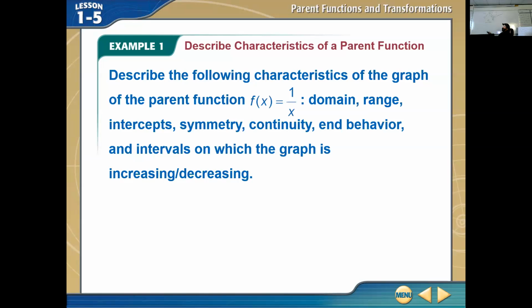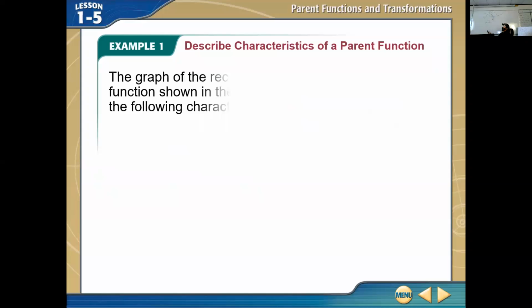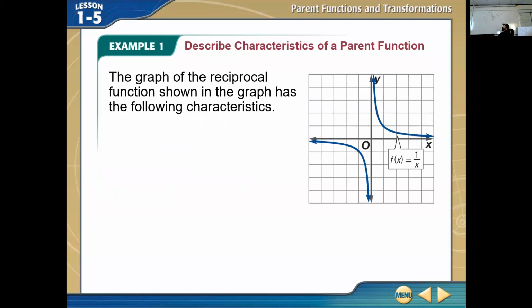So the good news is a lot of this we can get from just analyzing the graph. So here they have a graph. Okay, it has the following characteristics. If we're looking at it, our domain and range is kind of cut off. X and Y are never equal to 0, because if we have a 0 for an X, we're undefined.